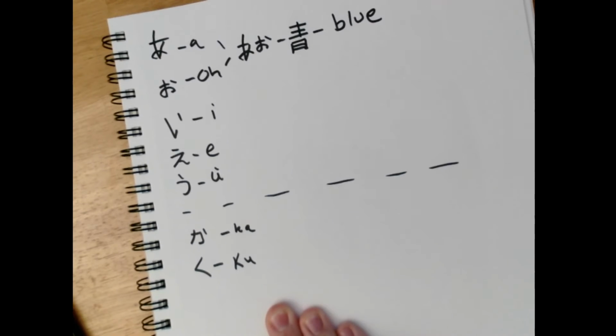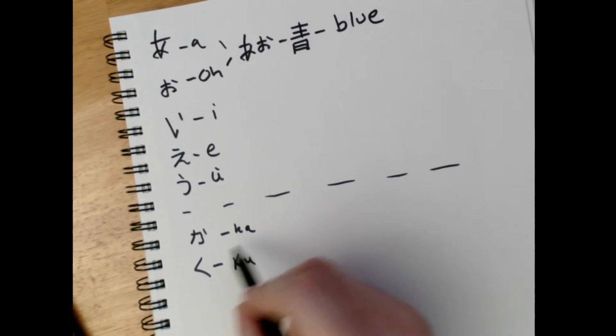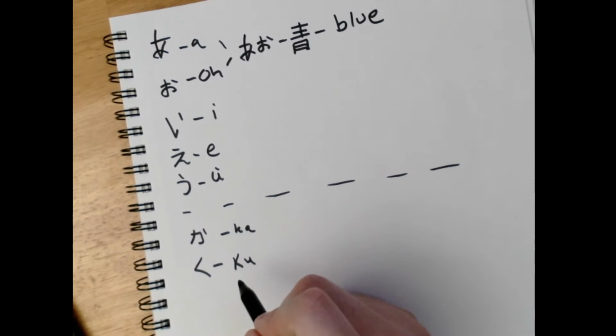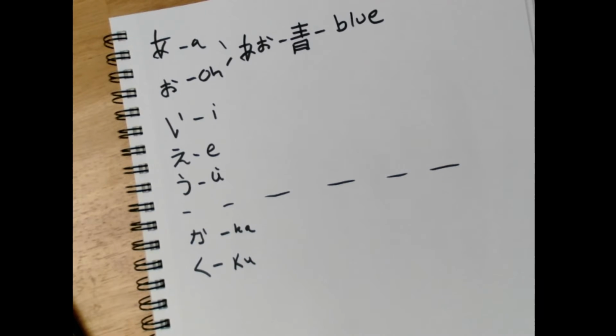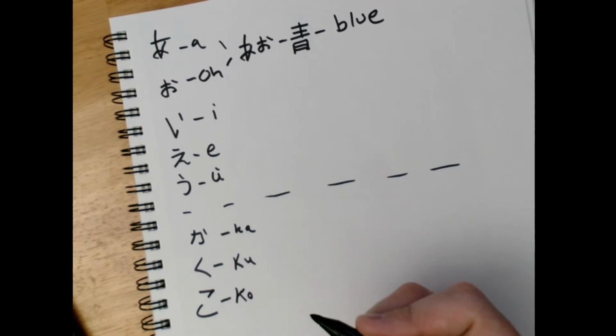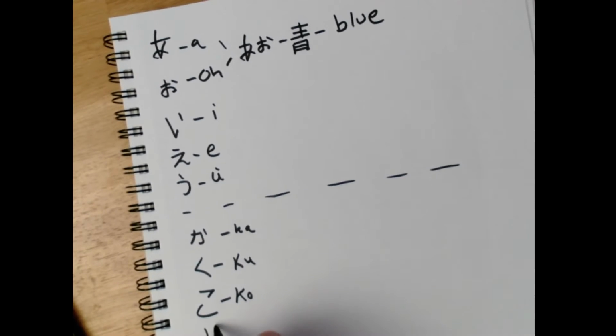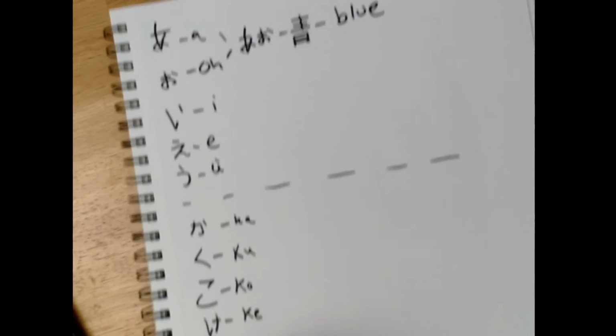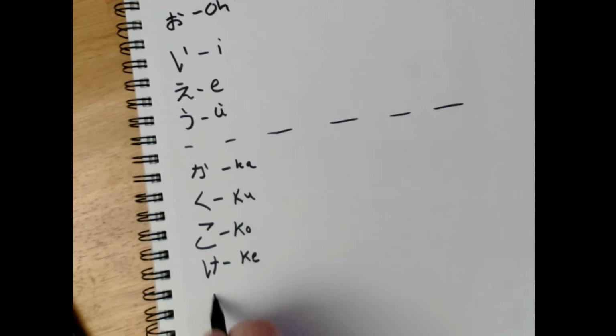Here's Ku, which, if you say that by itself, means suffering, so be careful with that. Ko. It's used in a lot of stuff. There's Ke. And finally, there is Ki.